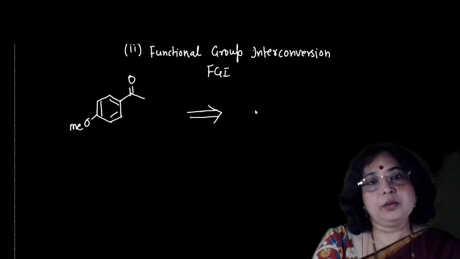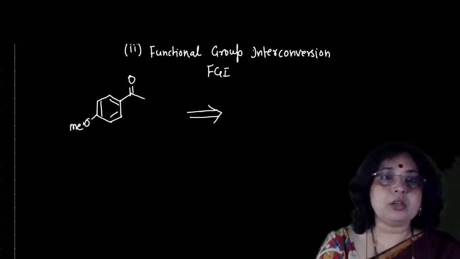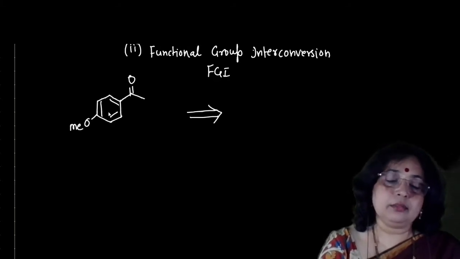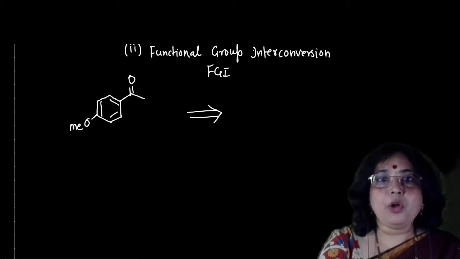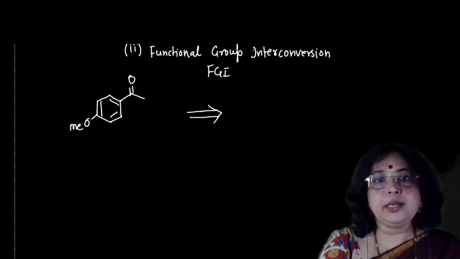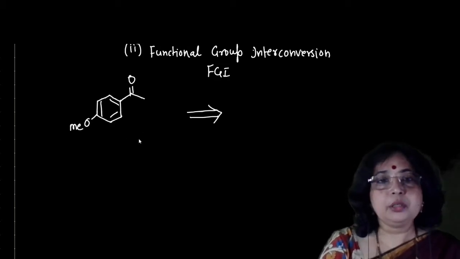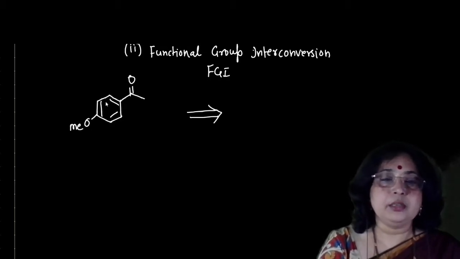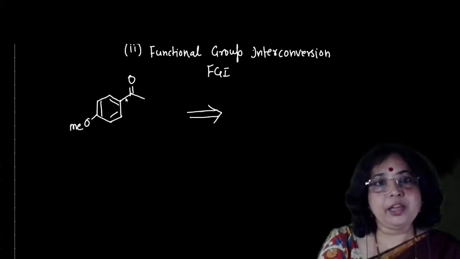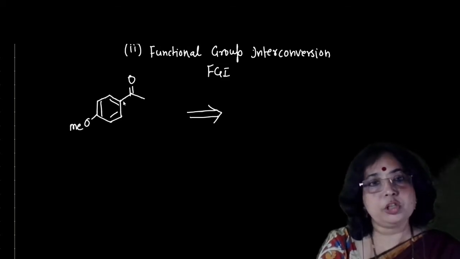Now again with the observation, I have the COCH3, I have the methoxy group, and this is a phenyl ring. Now while applying the disconnection approach, what are the things to be remembered? That is, where do you disconnect the fragments? Since there are two functional groups, we want to disconnect these two functional groups.